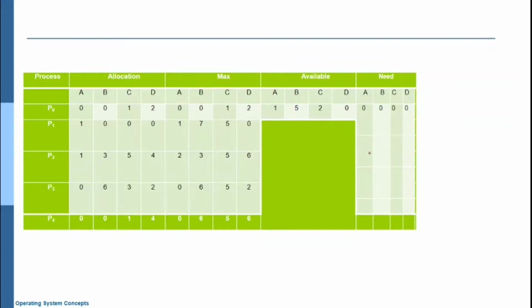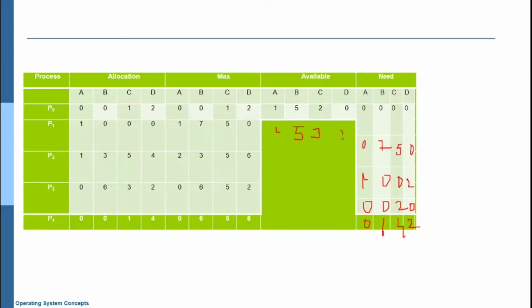I will try to fill in the contents. Max minus allocation gives 0, 7, 5, 0. Then here it is 1, 0, 1, 0. Then 0, 0, 2, 0, and then 0, 6, 4, 2, and available is 1, 5. We have solved this problem.